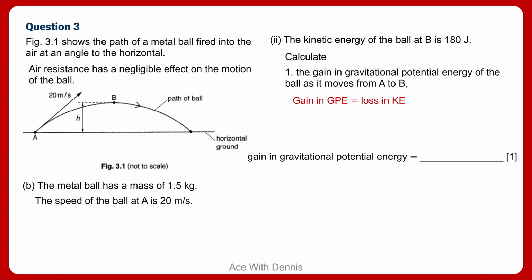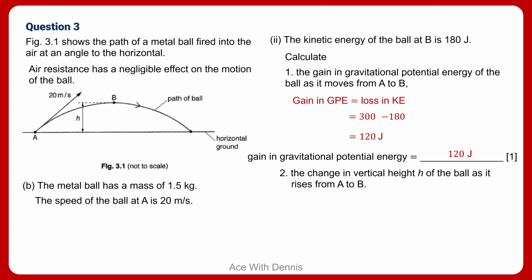Now for this case, to get the loss in KE, we will take the initial kinetic energy, which is 300 joules, where we get this value from part A, and then minus the kinetic energy at point B, which is 180 joules, and we get the value 120 joules. So answer is 120 joules.